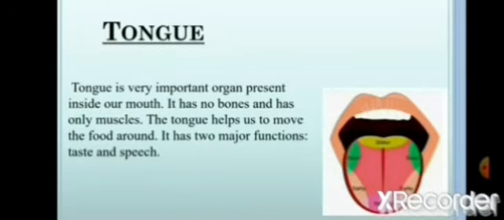Children, our mouth that helps us to display different expressions consists of tongue and teeth. Tongue helps us to taste and our teeth help us to chew. The tongue is the muscular organ in the mouth that is used for tasting and licking.